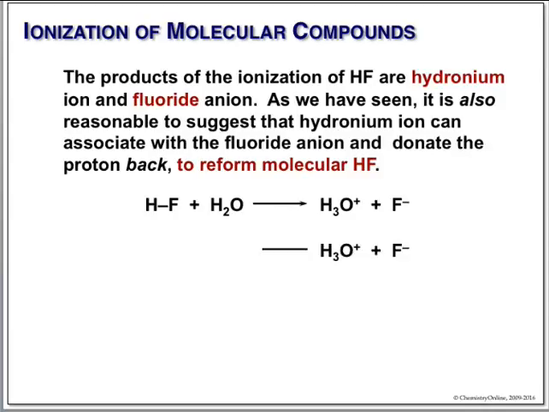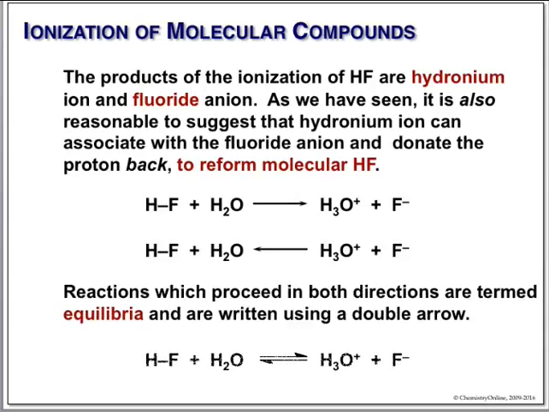Now, just like we saw with water, this reaction goes both ways. We can donate the proton here to form the ions, or we can take the hydrogen back and get back to a neutral state. This reaction, again, goes on about 10 to the 7th times per second, handing the proton back and forth and back and forth.